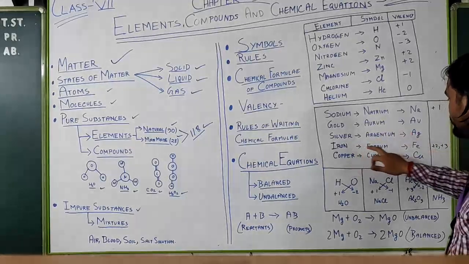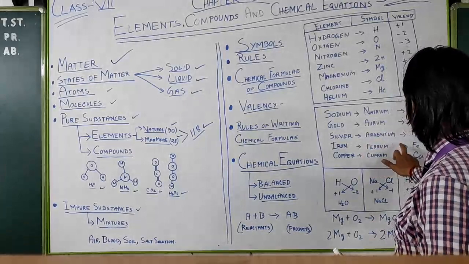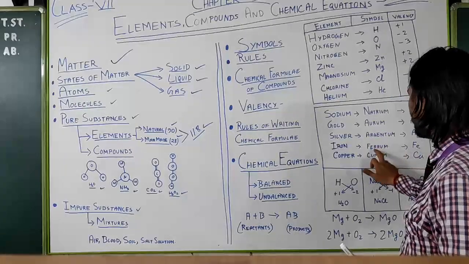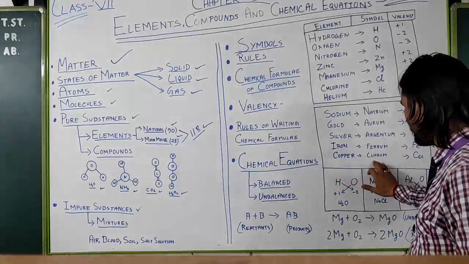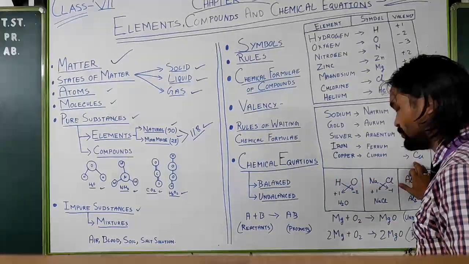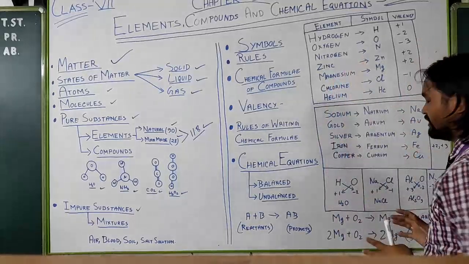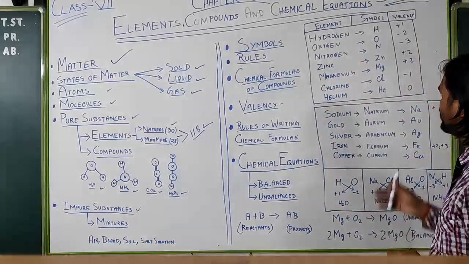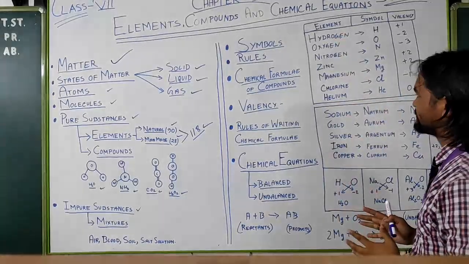For iron we use the Latin name ferrum. We take Fe from ferrum. Similarly, for copper we use cuprum, the Latin name of copper, and the symbol is Cu. So this is the list of some of the elements.